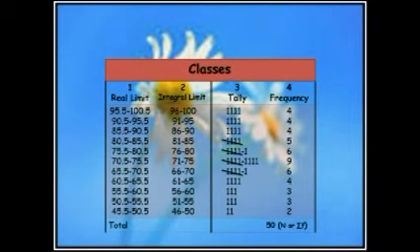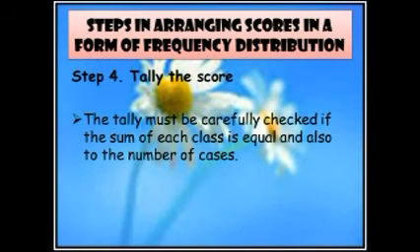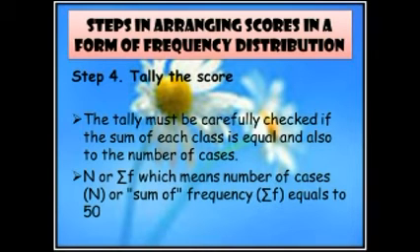As I said, the tally must be carefully checked if the sum of each class is equal to the number of cases. N, or summation of f, which means number of cases or sum of frequency, is equal to 50.